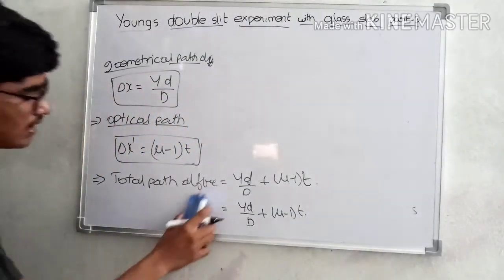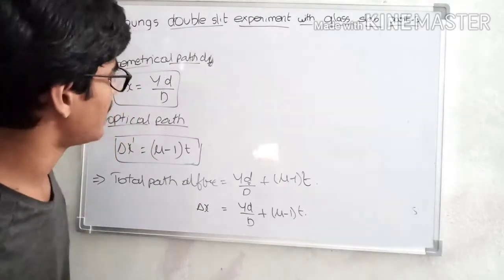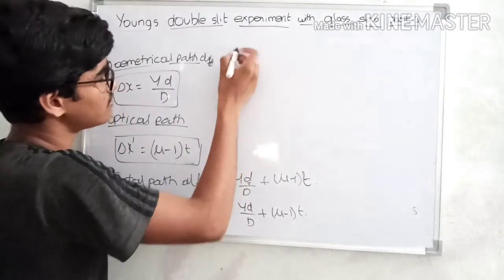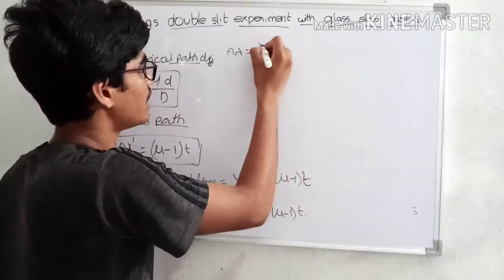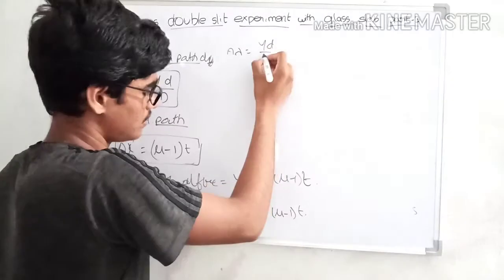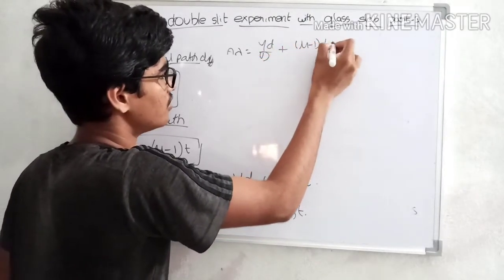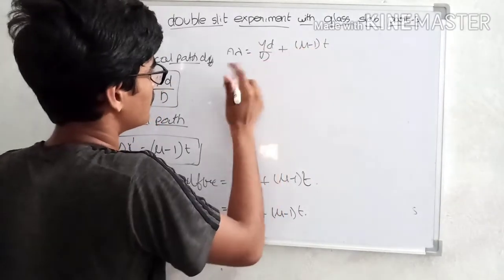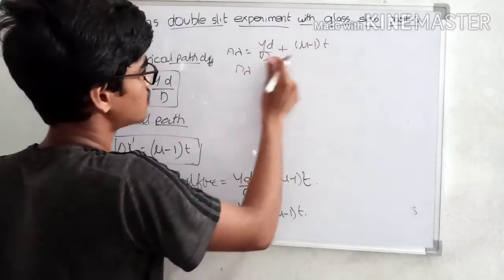This is the formula we have got. Consider the nth maxima. We know that the path difference will be n lambda, and substituting here we get yd by capital D plus (mu minus 1) of t equal to n lambda.